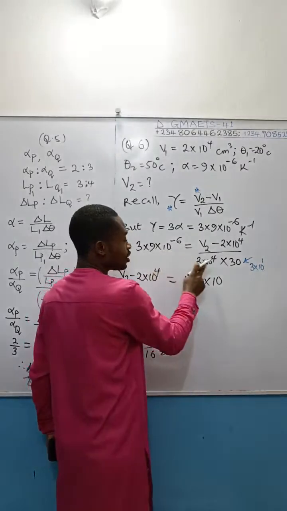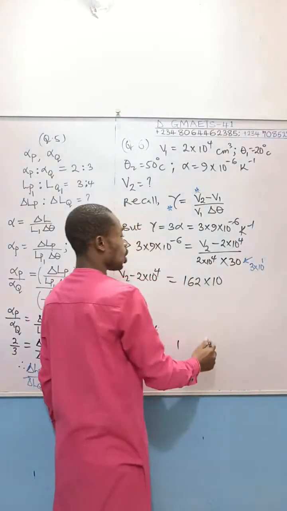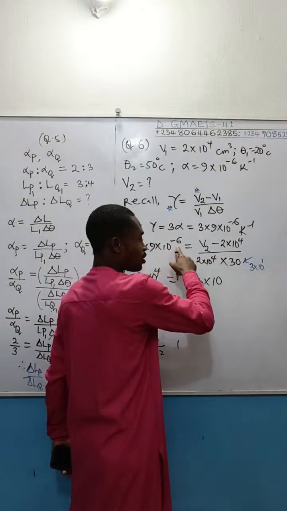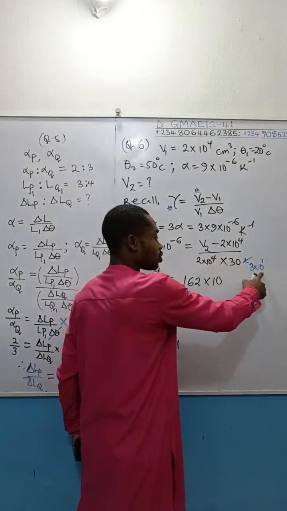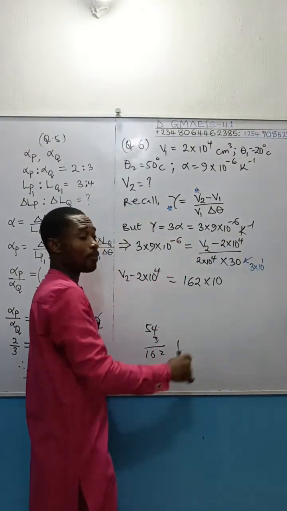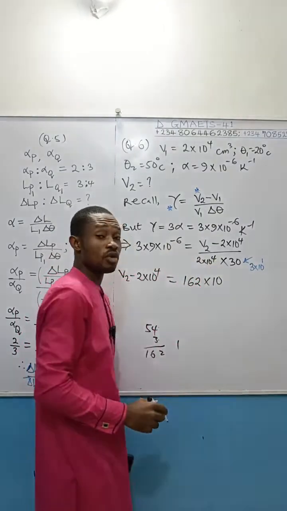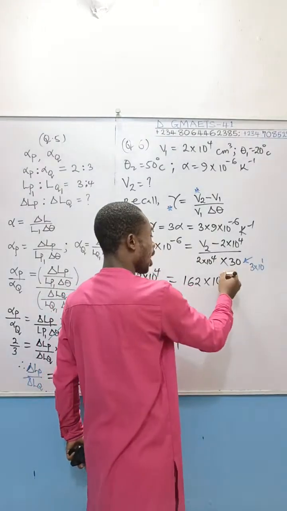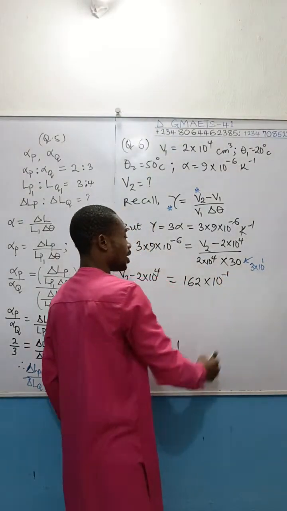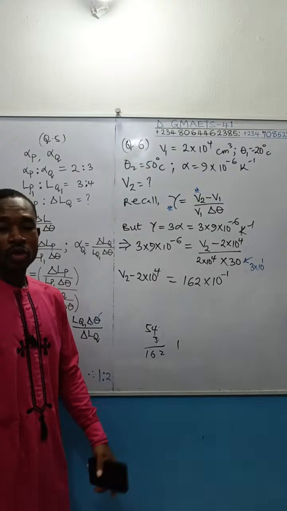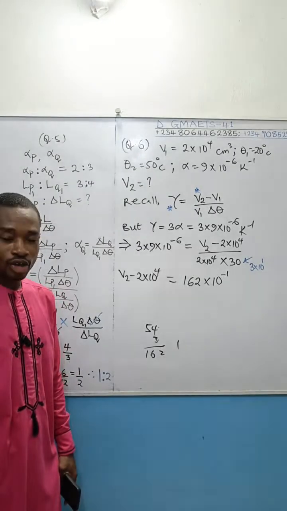Now pick all these terms and apply indices law. This is 10 raised to the power minus 6 times 10 to the power of 4 times 10 to the power of 1. Add all their powers by picking one of the base. Minus 6 plus 4 will give you minus 2. Minus 2 plus 1 will give you minus 1.